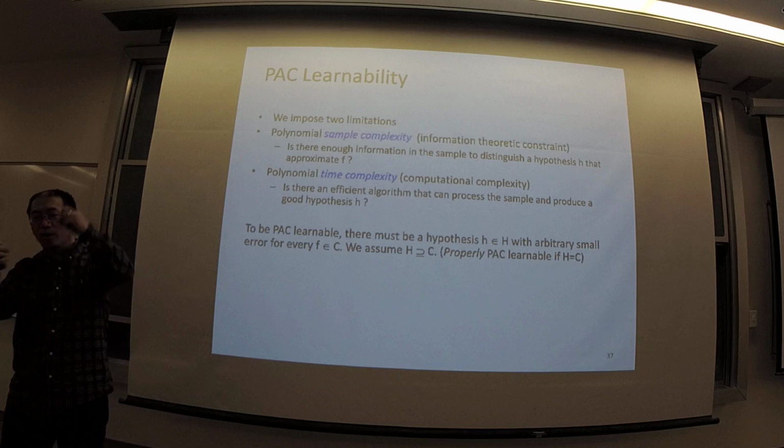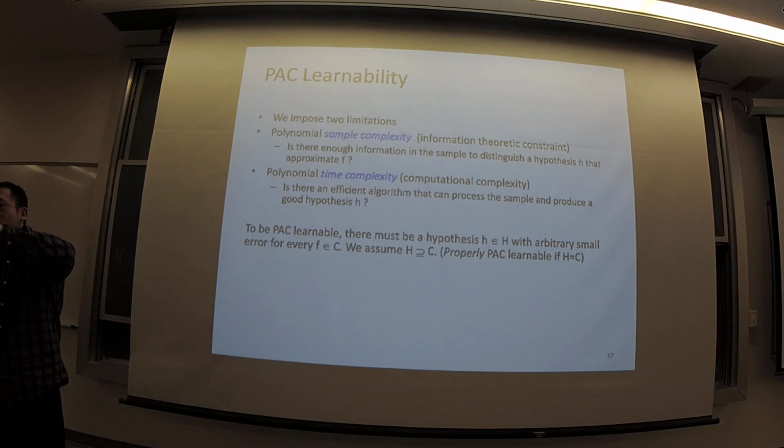You can imagine that if there's some non-overlapping part between the concept class and the hypothesis space, you can choose a target function such that when you go over the entire hypothesis space, you cannot find a hypothesis close enough to this target function.